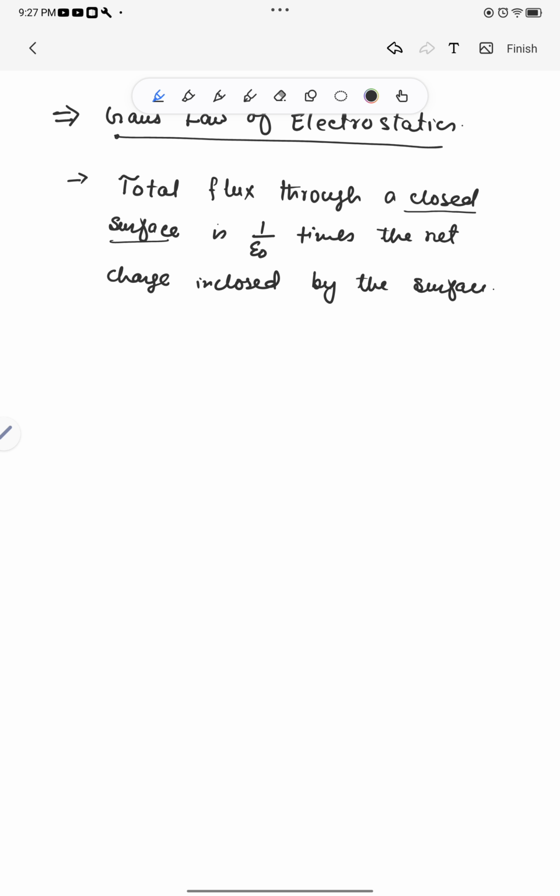We can understand this statement like this: if we have a sphere, and a charge q is inside this sphere at any point, then the total flux through this sphere, that is phi, will be equal to 1 by epsilon naught times the net charge enclosed by the surface.